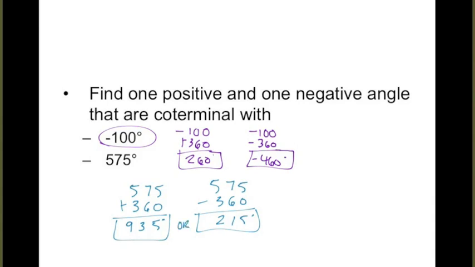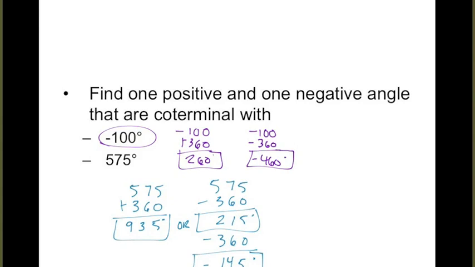I could give one of those two positive answers, it doesn't matter which one, but I need to subtract again to get a negative answer as well. So we add and subtract as many times as it takes until you get one positive solution and one negative solution.